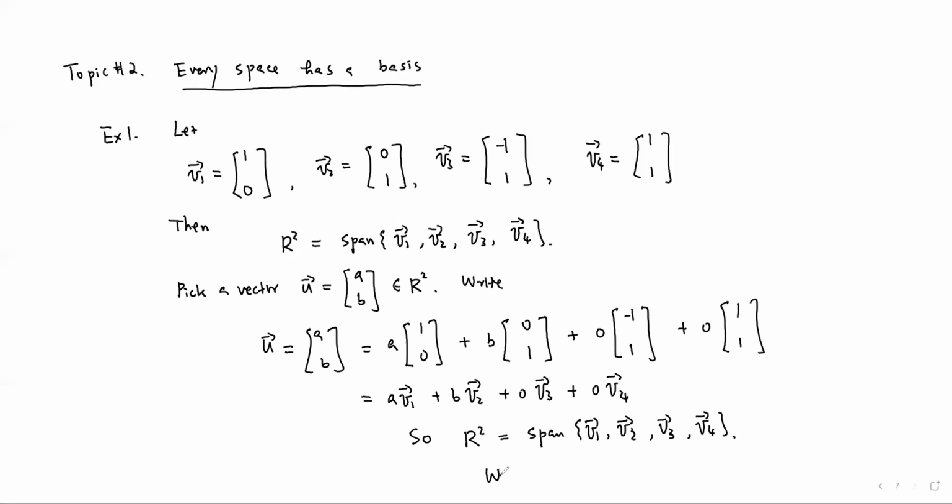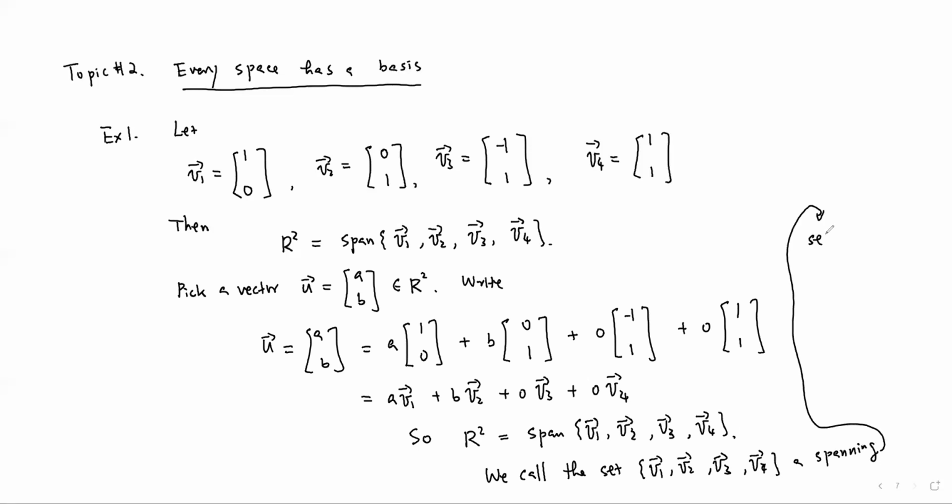Now we call the set of these four vectors a spanning set of R2. Yeah, these four vectors, put them together, we have a set. The set is a spanning set of R2 because all the vectors in R2 can be spanned by these four vectors.